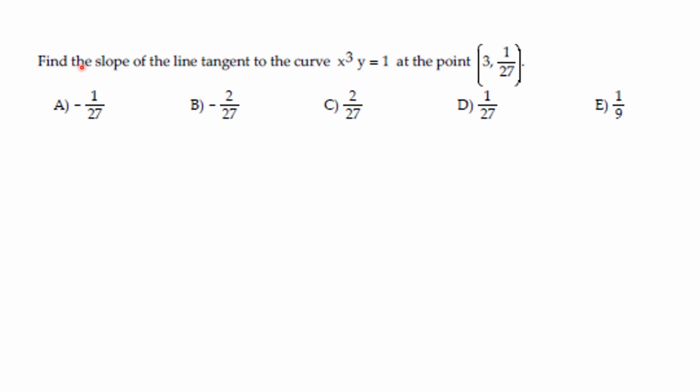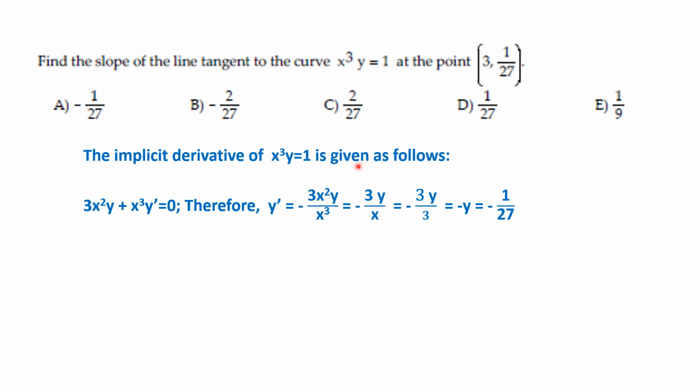Find the slope of the line tangent to the curve x cubed y equal to 1 at the point 3, 1 over 27. To do so, first we have to use the implicit derivative of the given function, x cubed y equals 1. So we will proceed with implicit differentiation as follows.